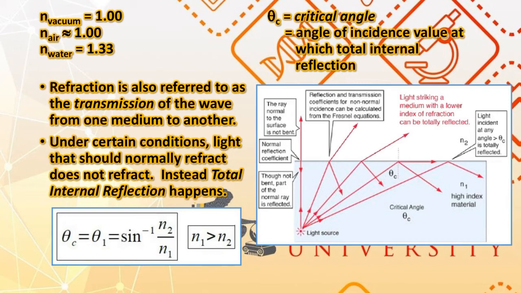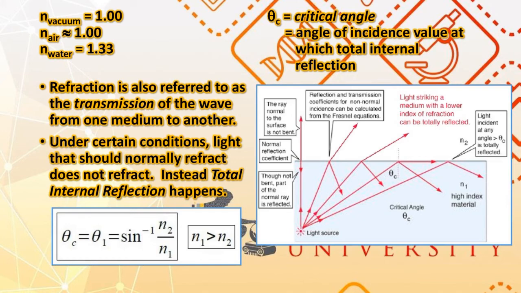Under certain conditions, light that should normally refract does not refract, and only reflection happens. This is referred to as total internal reflection. And the conditions are as follows. The angle of incidence must be at the value referred to as the critical angle.